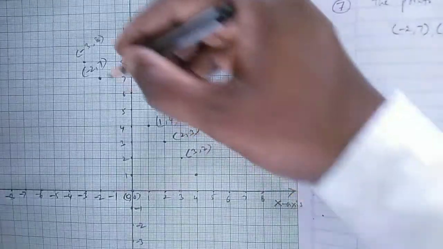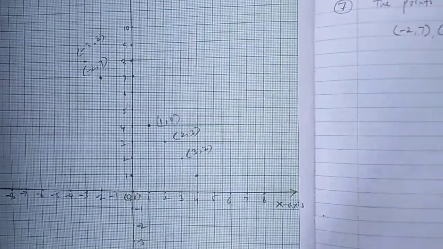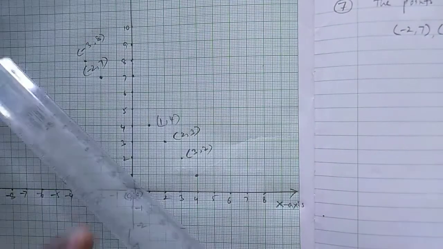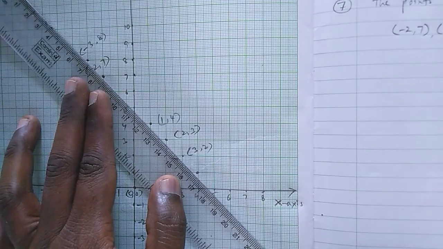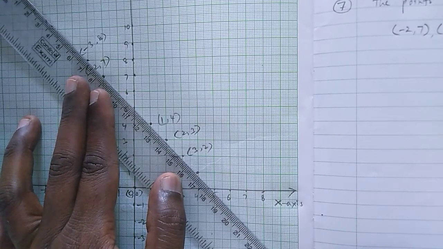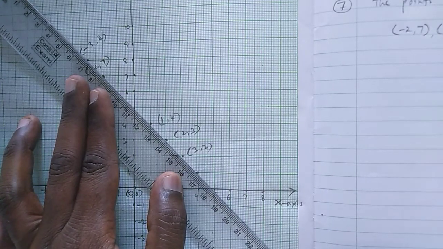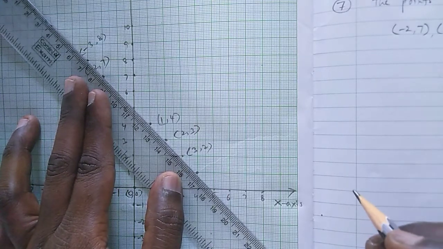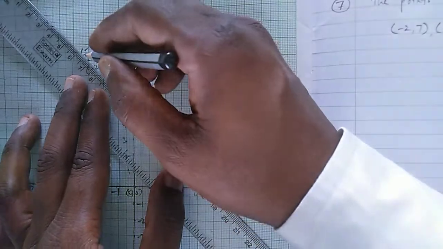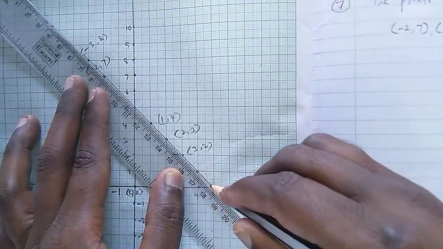If you observe all these points, they are making a straight line. Minus 2 comma 7, minus 3 comma 8, 1 comma 4, 3 comma 2, 2 comma 3. The sum of the ordinate and abscissa, that means x coordinate and y coordinate, is 5 all the time.